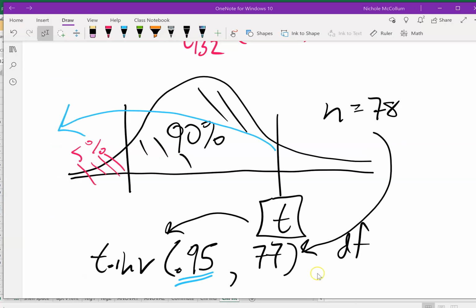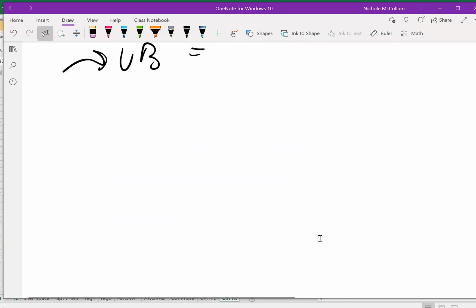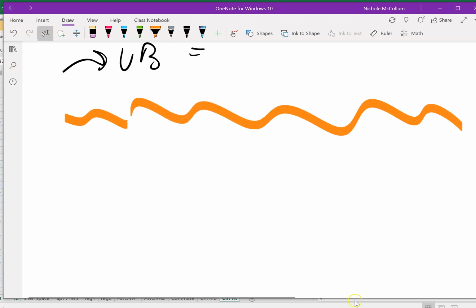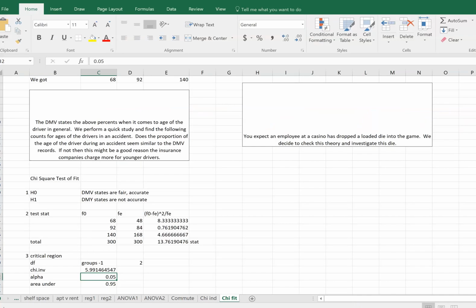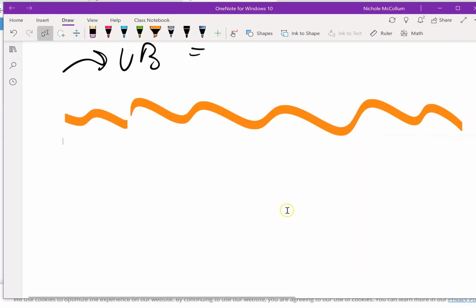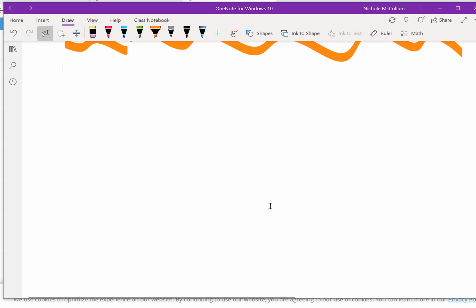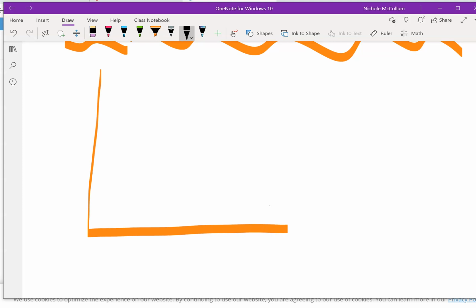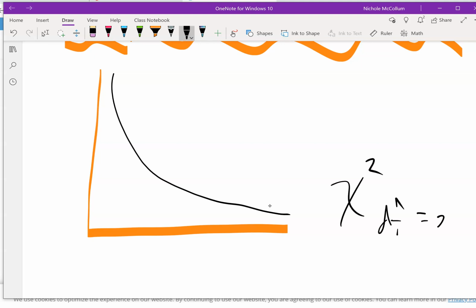And in fact, it behooves me to draw that picture real quickly for you guys. So what do we have here? We have a chi-squared with degrees of freedom of 2. That picture, if you excuse my penmanship, looks roughly like that. That's roughly what a chi-squared with degrees of freedom of 2 looks like.